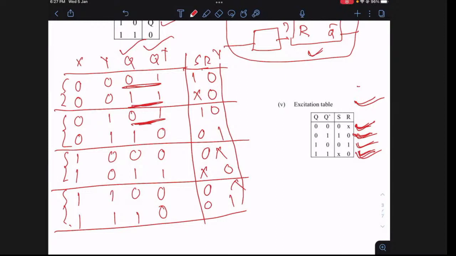So please use your K-map and tell me what is the answer you are getting. That is, what is S in terms of X, Y, Q, and what is R in terms of X, Y, Q?